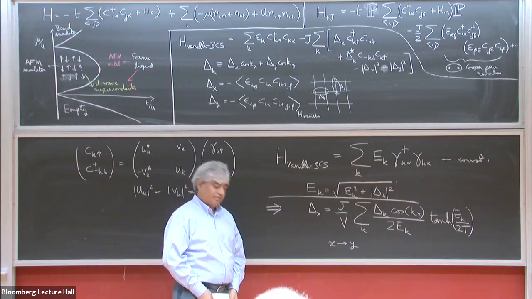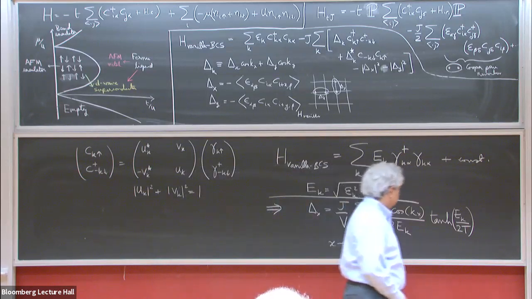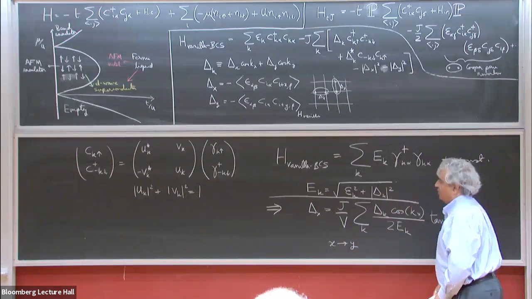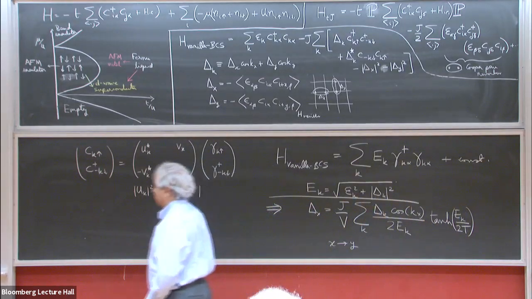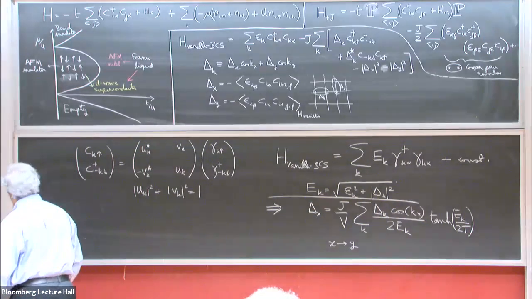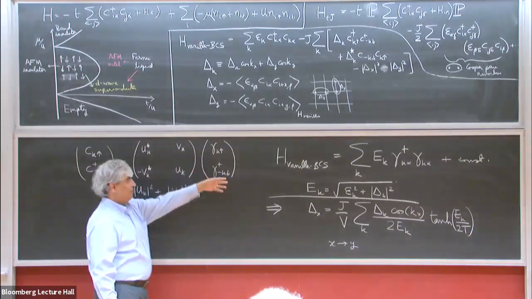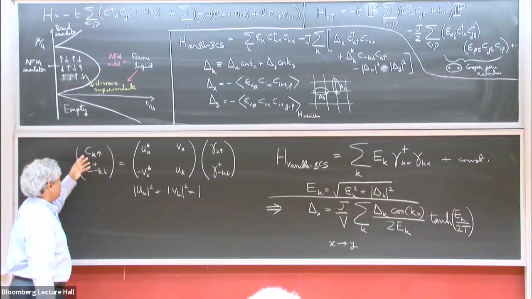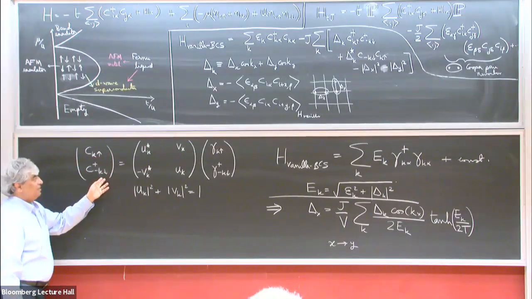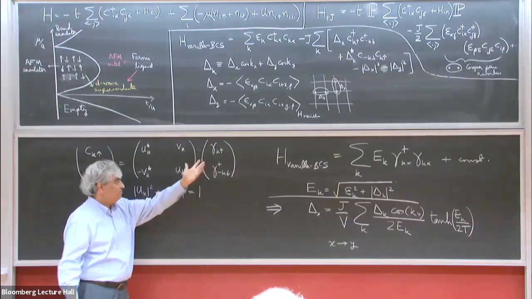Yes, I have a question. So how do you choose the spin of the gamma operators? Because they seem to be some linear combination of up and down spin. Well, there are two operators, gamma up and gamma down, and I've written the operators C up and C down in terms of gamma up and gamma down.